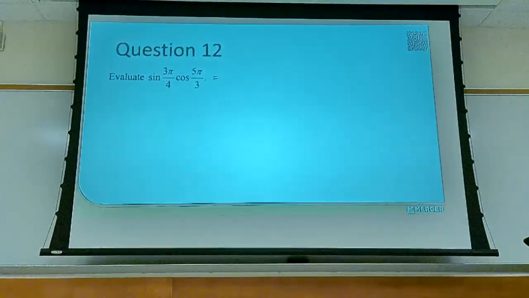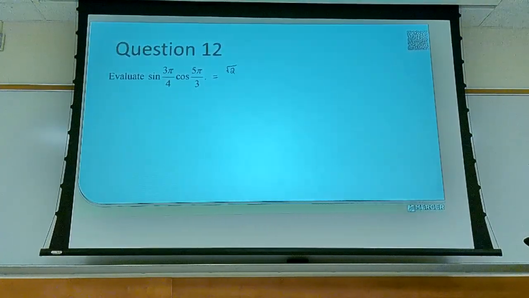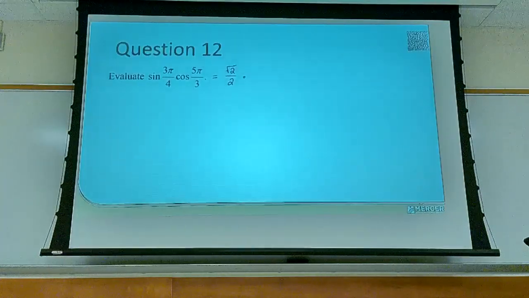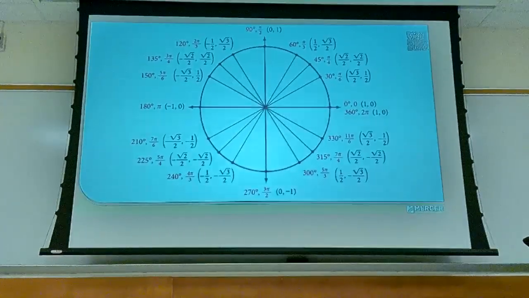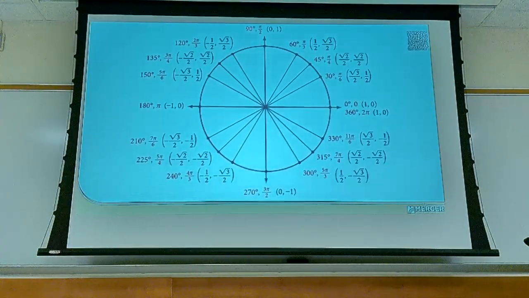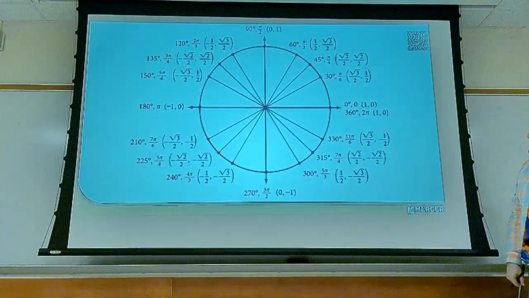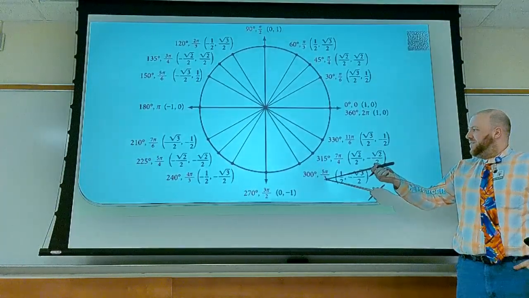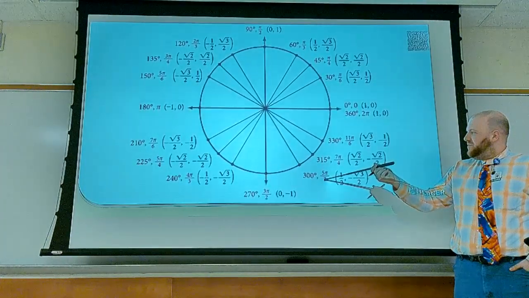So it'd be root 2 over 2 times, and then back to the unit circle, 5 pi over 3. That is down here. So that's going to be the x value.